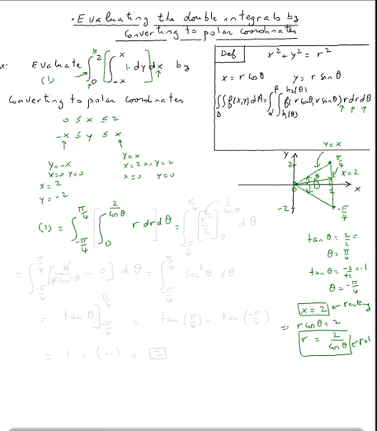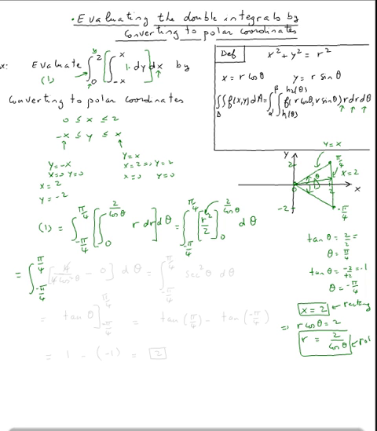Alright, so we'll do the inner one first. That will be equal to r squared over 2 between 0 and 2 over cosine theta, and theta goes from negative pi over 4 to pi over 4.